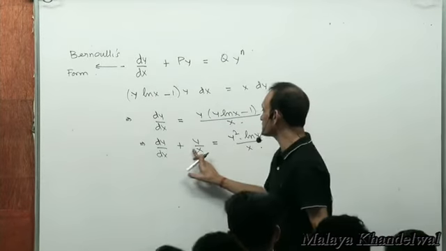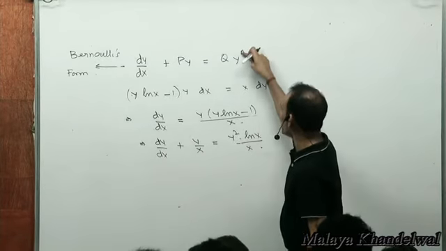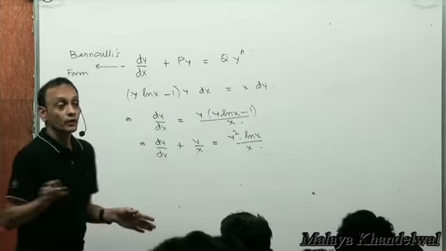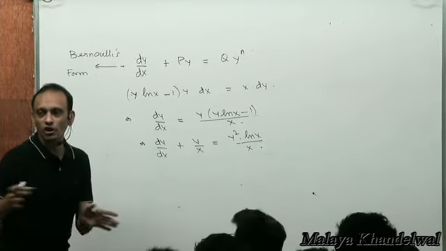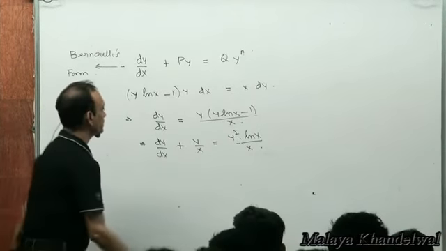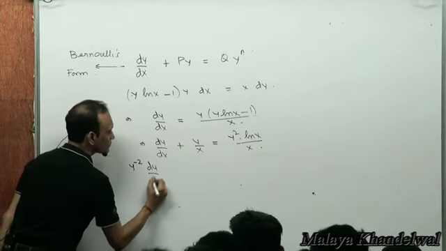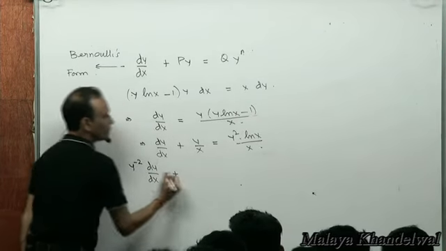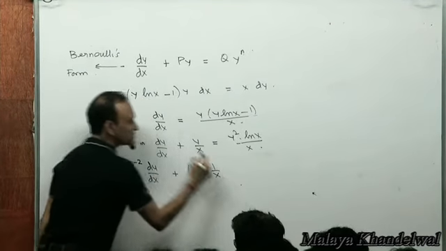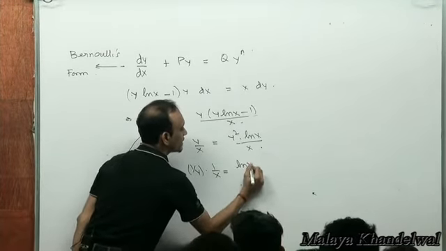dy dx plus py equal to q, which is this, into y to power n. I'll multiply throughout by y to power minus 2 so that I can make this 1. So y to power minus 2 dy dx plus 1 by y into 1 by x equal to log x by x.